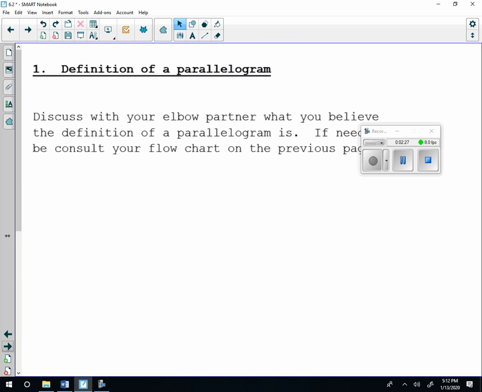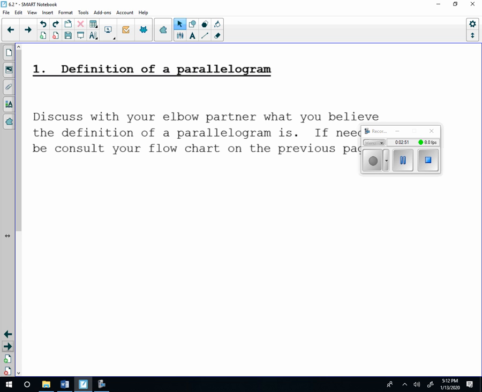As we flip over, Objective 1, definition of a parallelogram. We just completed that flowchart, and the most general name we have is a polygon, which is just a many-sided shape. Then we move down the flowchart to define what a quadrilateral is, which is a polygon with four sides.